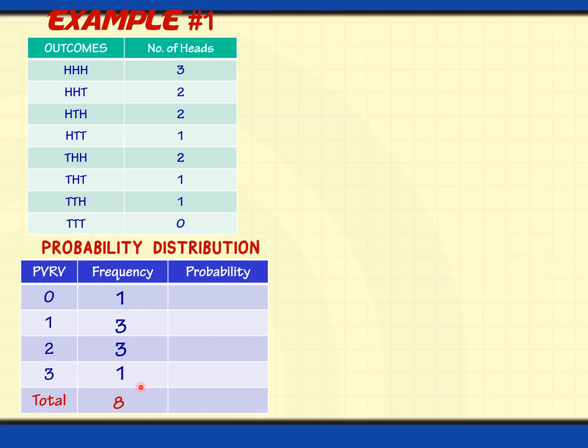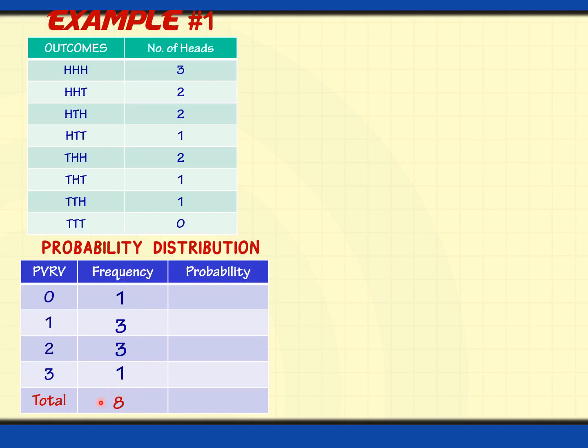Okay. So, this is for column number 4, the frequency, or the number of times it occurs, or the number of occurrences. Now, for the probability, the probability is what is the chance of appearing no head. Or what is the chance that there is only one head? Or what is the chance of having 3 heads? Now, you will just get the probability from the frequency.